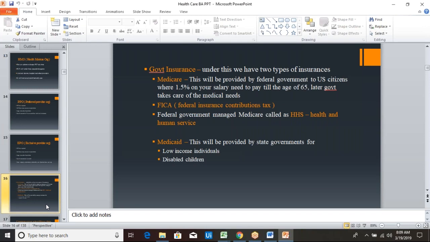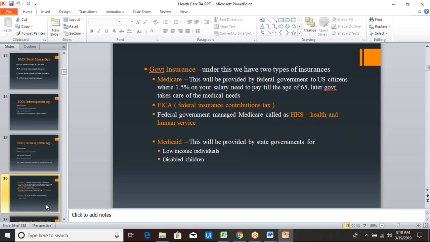As a BA, you must render them; no difference in that. The major difference you have to find here is this, because you must know what different kinds of insurances we have, and how these Medicare or Medicaid services are used in real time, by whom they are used, how many claims we have received so far, and what challenges we faced while processing these claims.